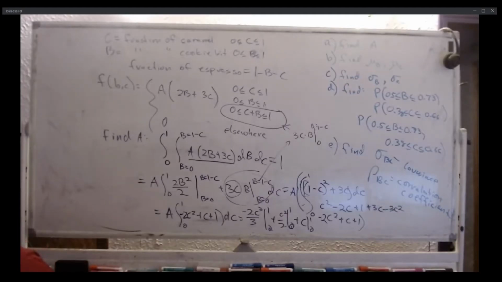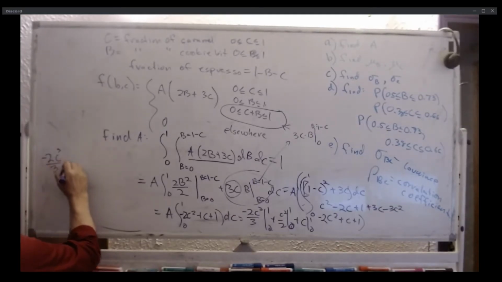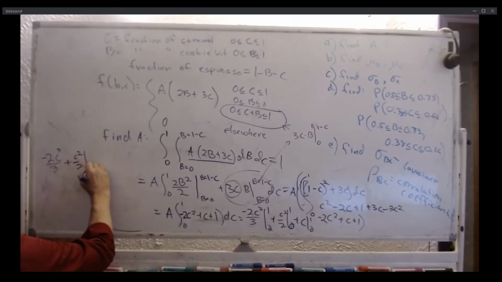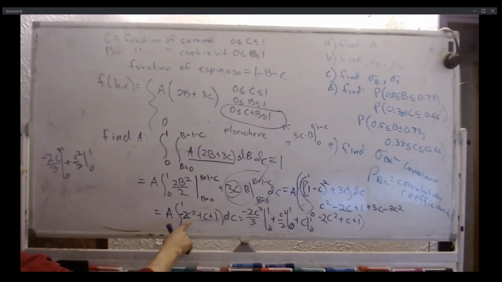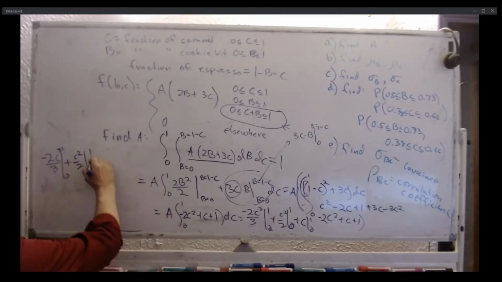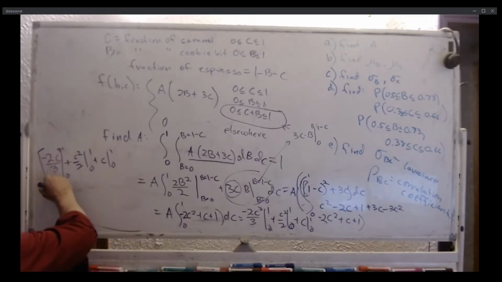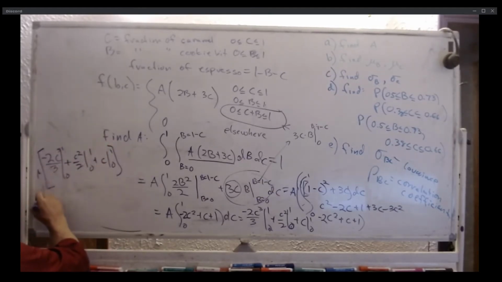So we're going to have negative 2c cubed over 3. I'm just rewriting it, guys. Nothing more. Tell me if I screw something up. This I'll multiply by a, of course. That's what I have so far.